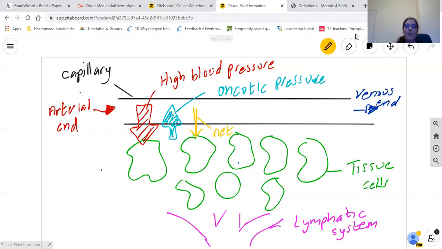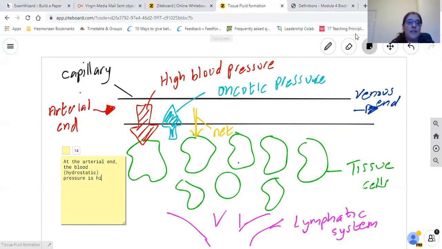So if we were to put that into words, okay, we simply say at the arterial end, the blood pressure is higher than the oncotic pressure.